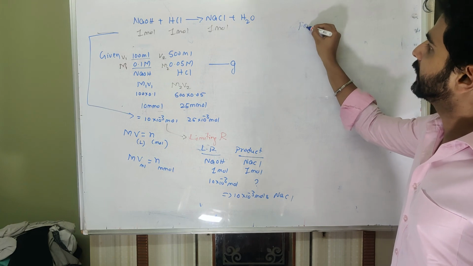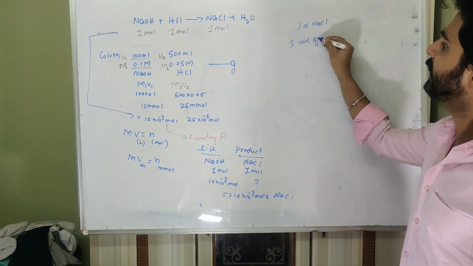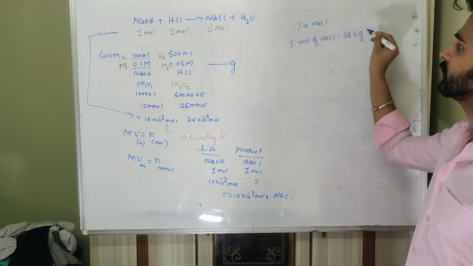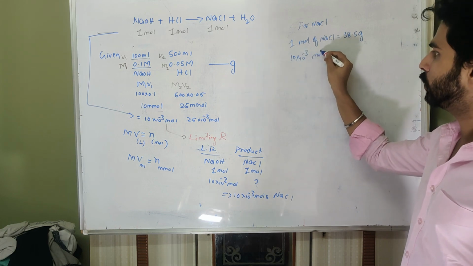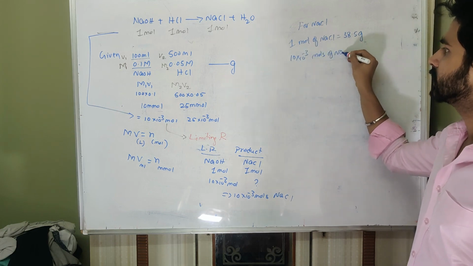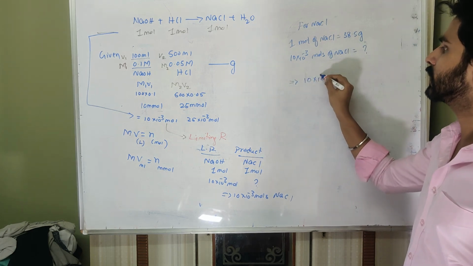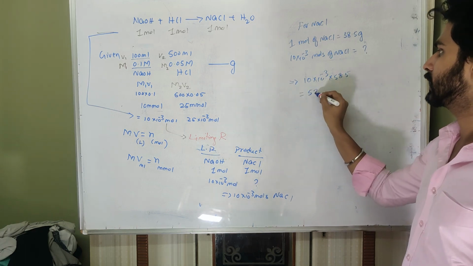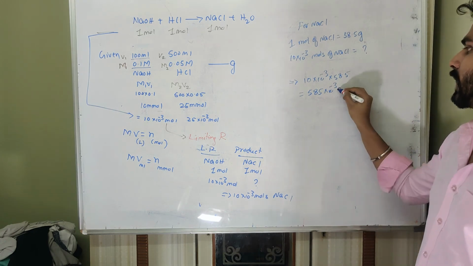For NaCl, 1 mole is equal to 58.5 gram. So we have 10 into 10 raised to minus 3 moles of NaCl. This will be 10 into 10 raised to minus 3 into 58.5, that is 585 into 10 raised to minus 3 grams.